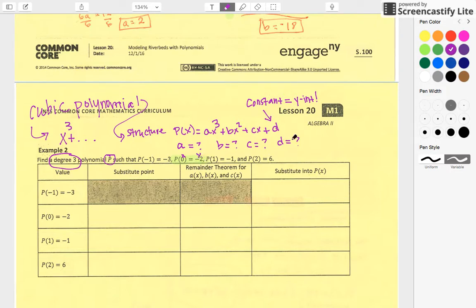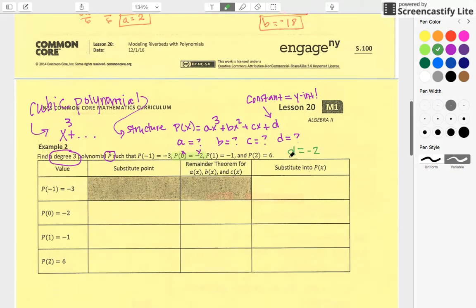So we can already say that our d value is -2. Okay, and usually because this is our y-intercept. So we already found d ahead of time.